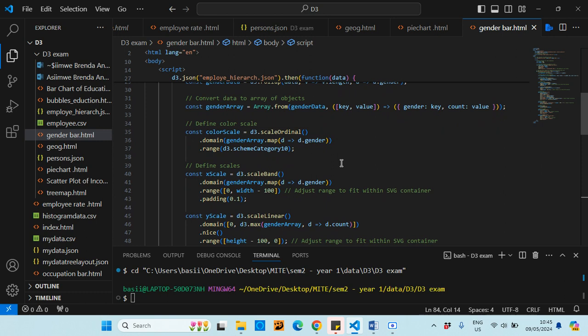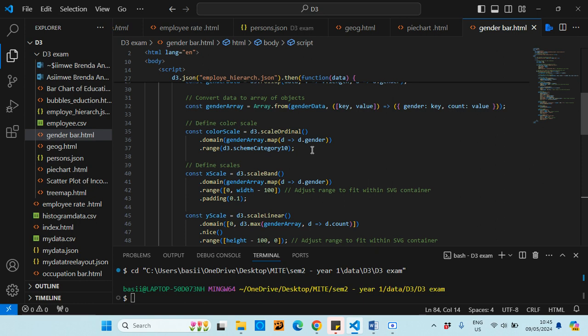Then here we are declaring the color scale that we're going to use for the bar charts, so that each gender is given a specific color.